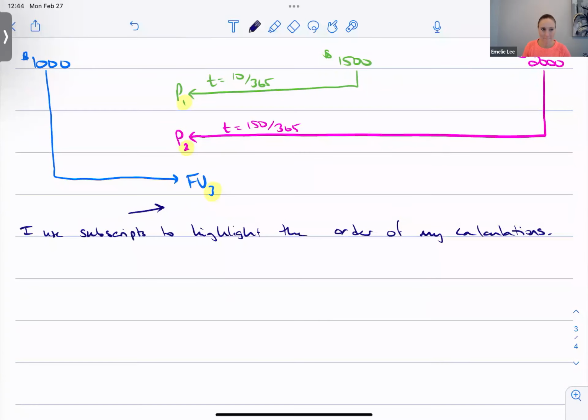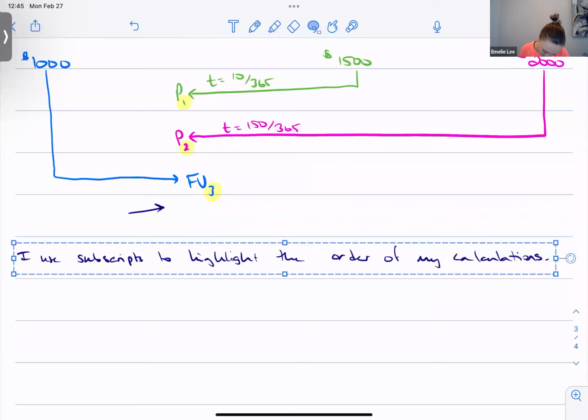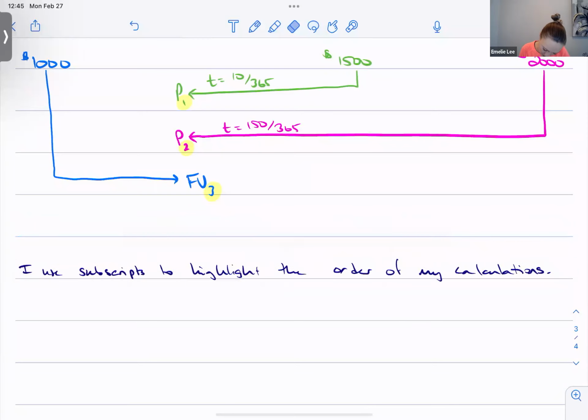I guess I need another line here, just a sec. Maybe I don't need so many arrows because arrows mean something here. There, a little asterisk.